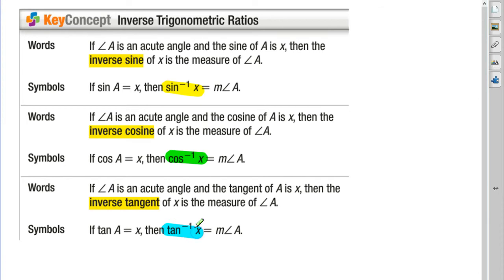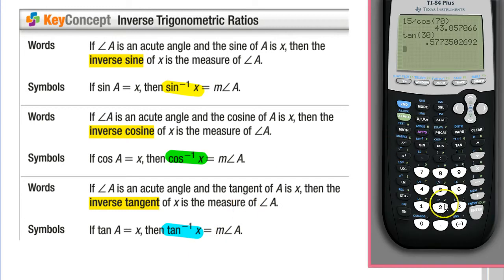What they do is you plug in the ratio, the x, on the calculator, and it gives you the angle. So they're really easy to do. It's really more a matter of the calculator than work by hand. For instance, if I want to do inverse tangent, you'll see tangent -1 on the calculator.